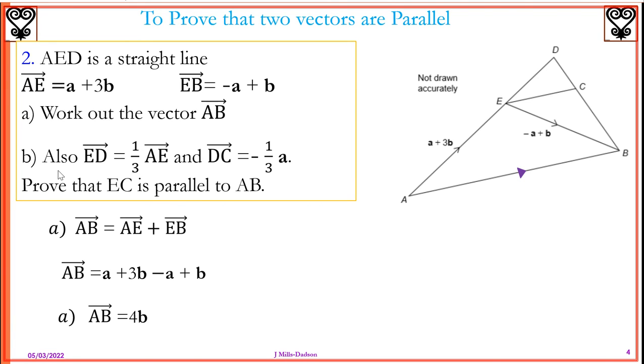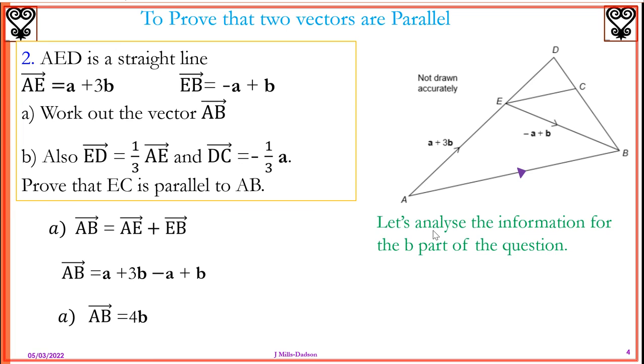Now the B part says that if vector ED, this portion, is a third of vector AE, and vector DC is already given as negative 1 over 3A, we need to show or prove that EC is parallel to AB. So if ED, we know DC already given to us, so we just put it down.